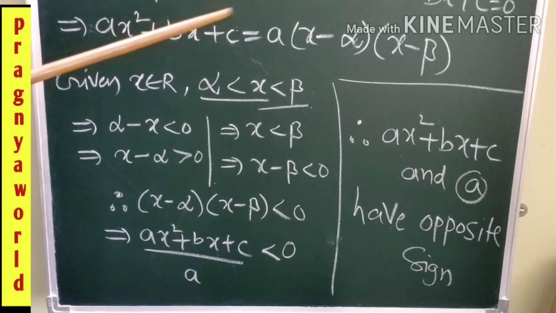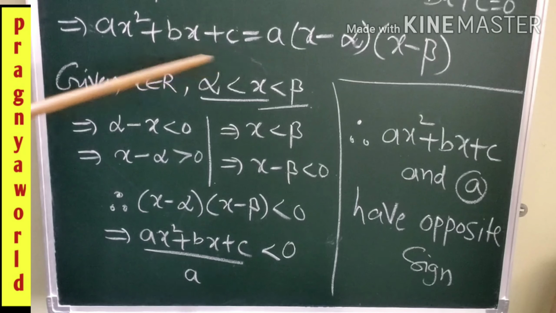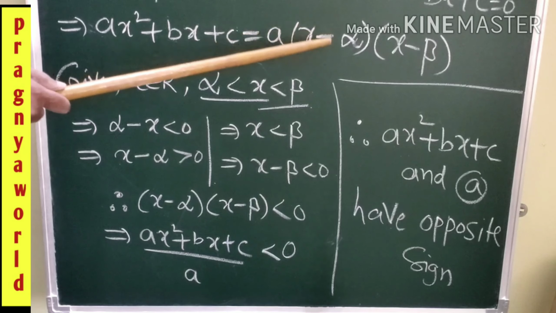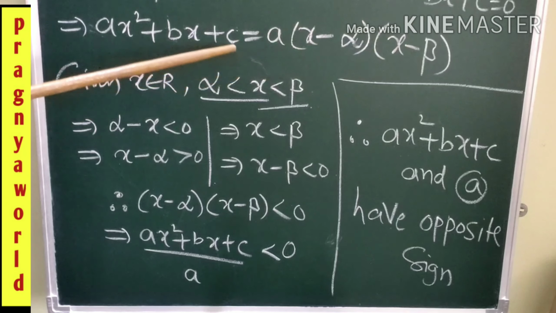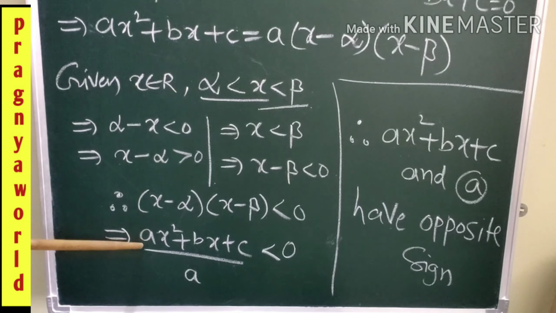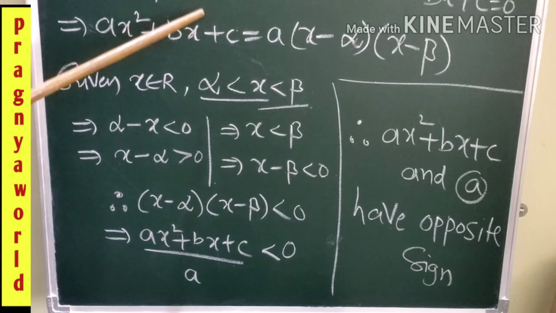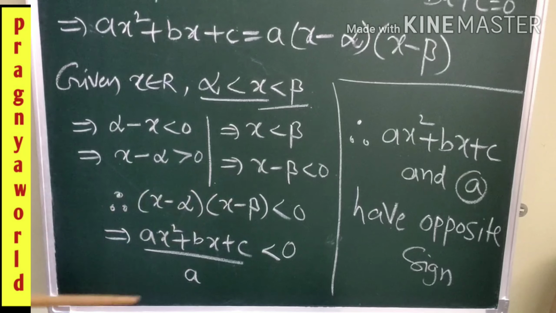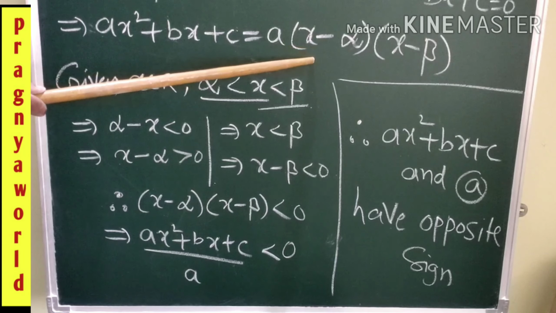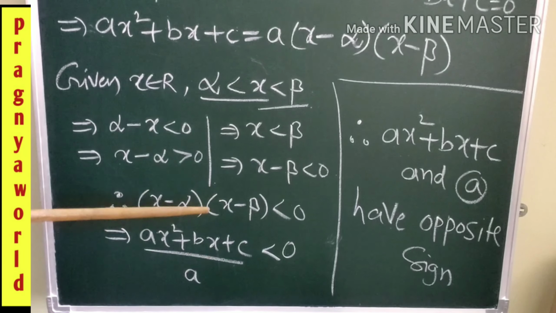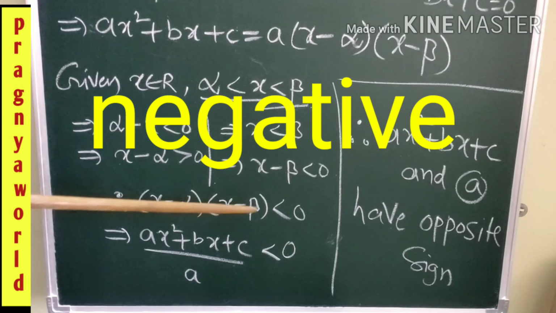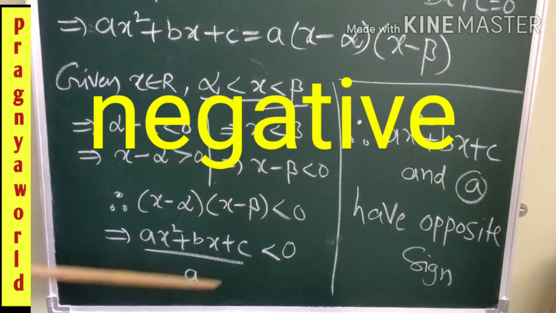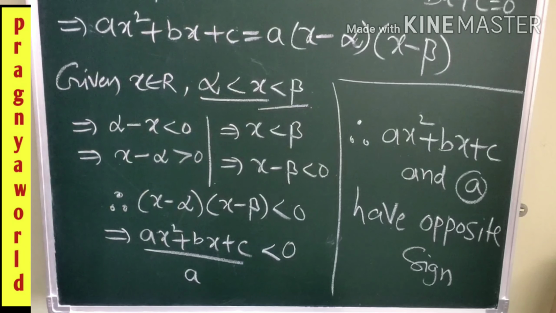Already we can write ax square plus bx plus c is equal to a into (x minus alpha)(x minus beta), and this can be written as (ax square plus bx plus c) by a, bringing a into the denominator, is equal to (x minus alpha)(x minus beta). So already (x minus alpha)(x minus beta) is negative, so this expression is also negative, that means less than 0.